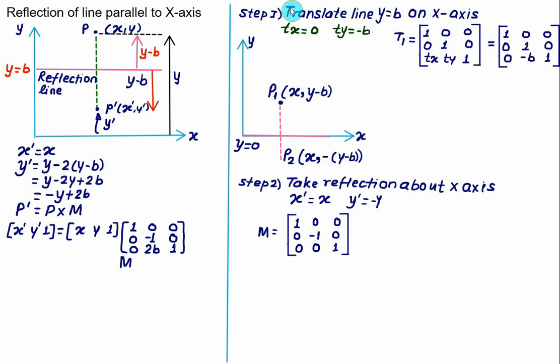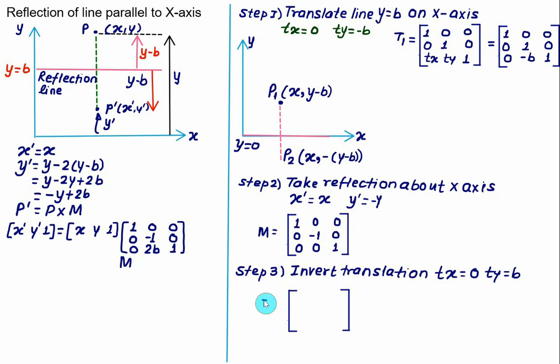That is, you have to invert the translation by tx equal to 0 and ty equal to plus b, so we write one more translation matrix. The second translation matrix is T2, with tx equal to 0 and ty equal to b. So we have 1 0 0, the same copy, then 0 1 0, then tx is 0, ty is b, and then 1.